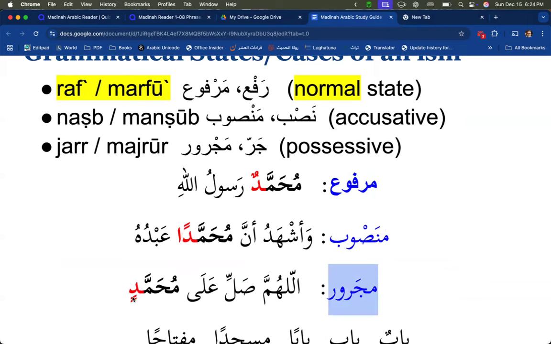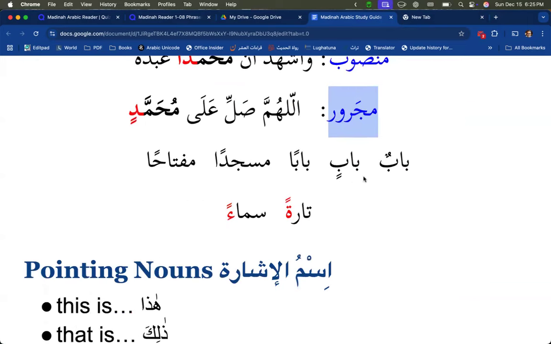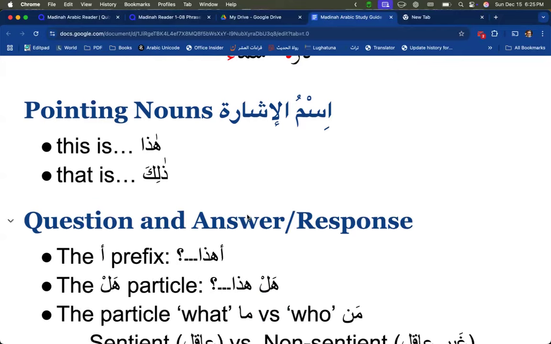And majroor, which ends in a kasra. Okay? Babun is marfu, babin is majroor, baban is mansub. Okay? Masjidan mansub, miftahan mansub, taratan, sama'an, right? This is all mansub.